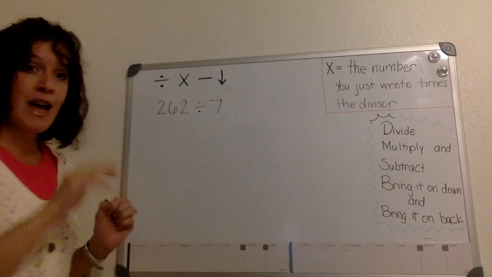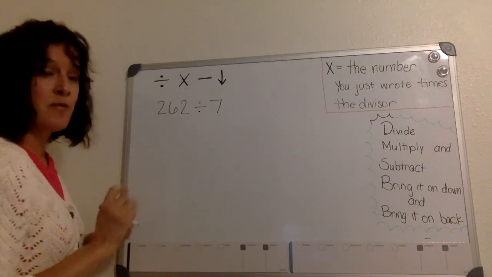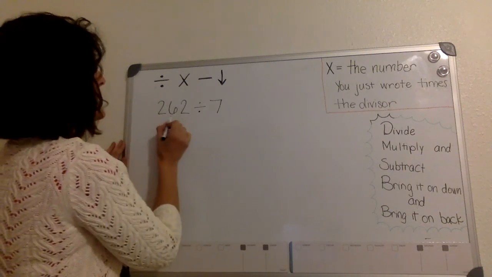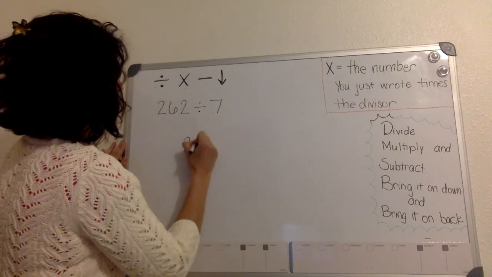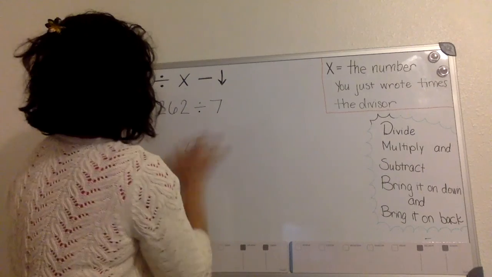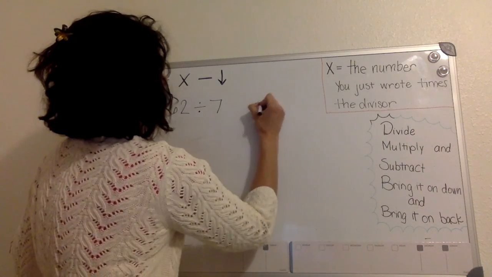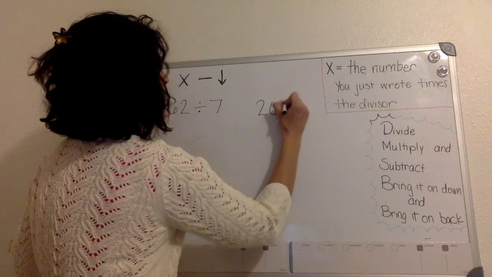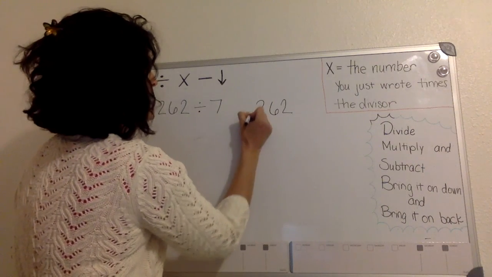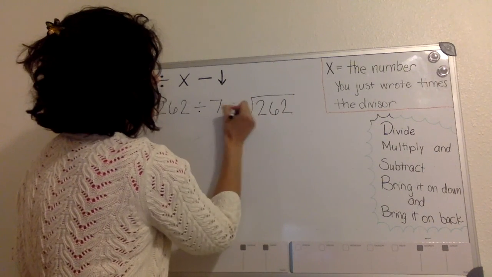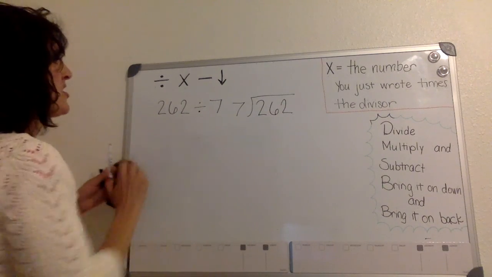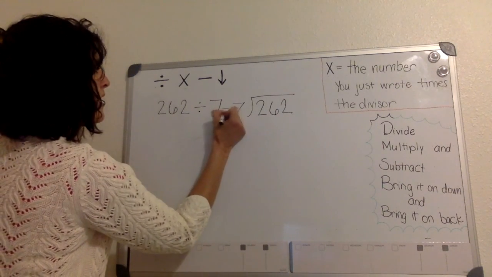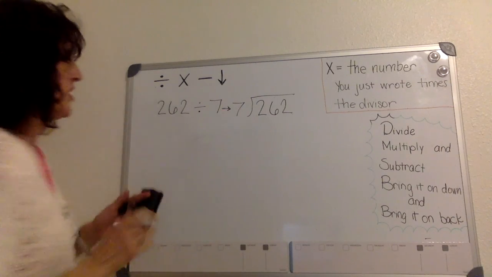We've got to go ahead and use the other way that we've been learning. So our dividend is 262. Actually, you know what? I'm going to put this over here. Have more room. And our divisor is 7, and that goes right here. That is such a much nicer way to do our long division, okay?